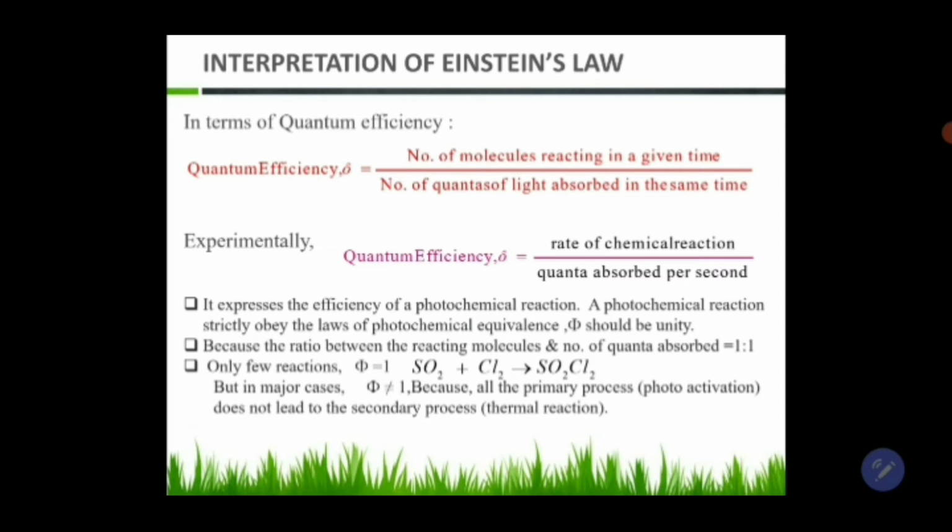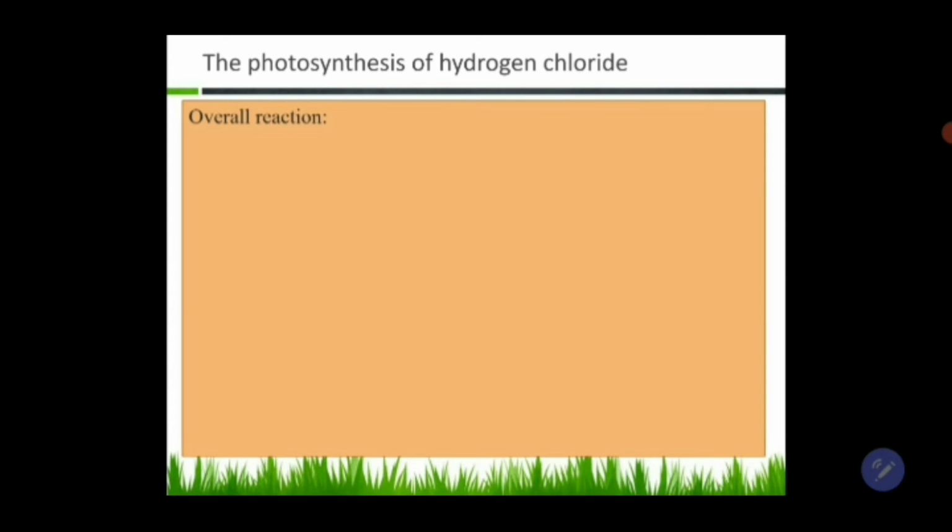It will be greater than 1 or less than 1, because not all the primary processes, that is the photoactivation, lead to the photochemical reaction, the secondary process, or the thermal reaction. For example, take the photosynthesis of hydrogen chloride, where chlorine reacts with hydrogen to give 2HCl.